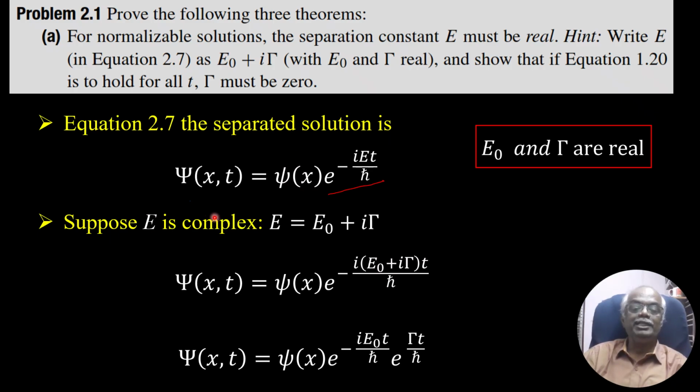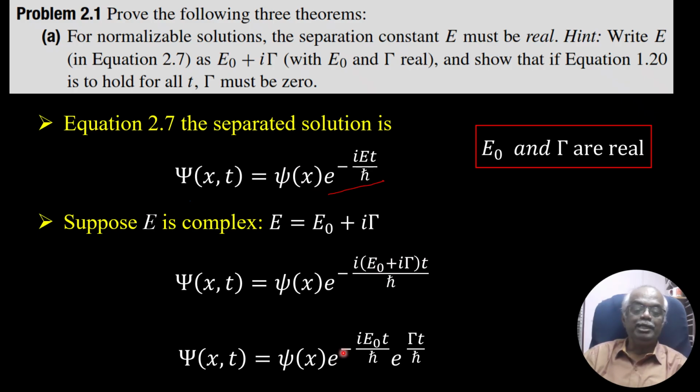Suppose E is complex, that is E is equal to E naught plus i gamma, where E naught and gamma are real. Then this wave function will become, you replace E by E naught plus i gamma. Then you can separate this exponential term into two parts.